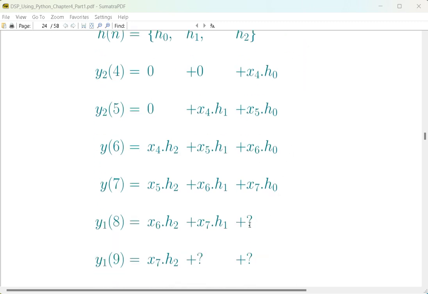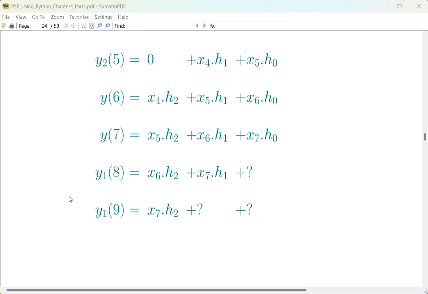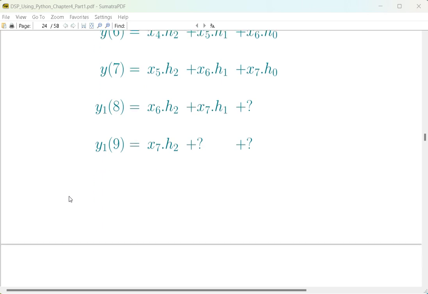So missing information. The same story for the ninth sample, if starting from 0, y1 of 9 will be x7 h2, it's okay, plus x8 h1, missing info, plus x9 h0, missing info again. Definitely the next section will correct it.